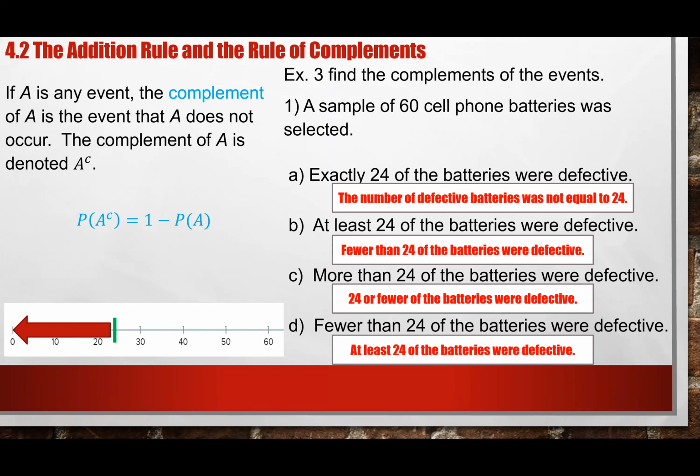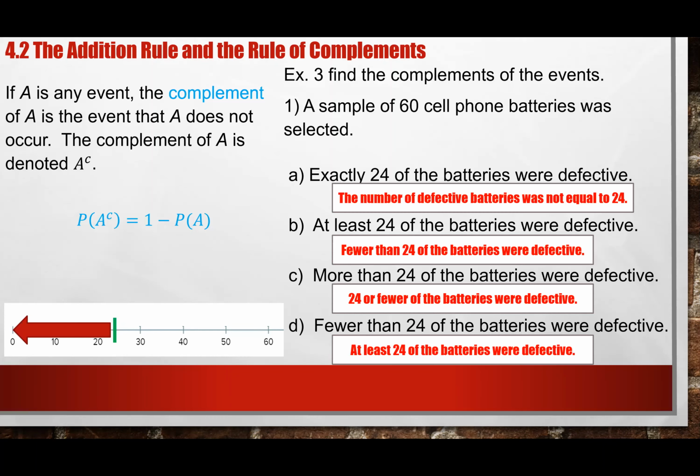If they had P of exactly 24, then you would give them the decimal because they ask you for probability. Example 3 does not ask you for probability. They just ask, we have an event, what is the complement of it? What is the leftover, the difference?